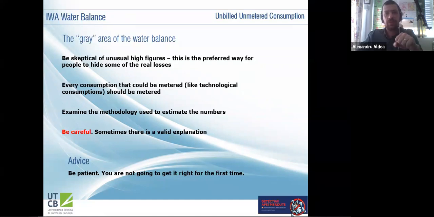For advanced users, there is other software that doesn't just do water balance, it does all sorts of analysis and helps you optimize your network and so on. So just for the water balance, you could use EasyCalc, or you can make your own software in Excel, for example.